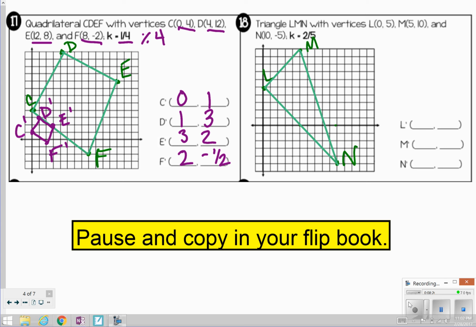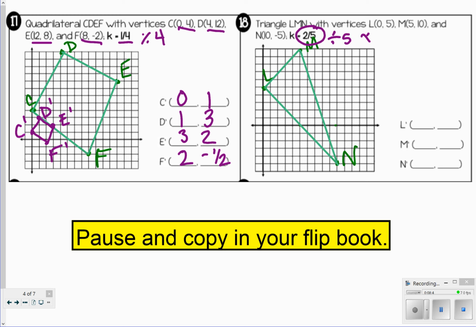Let's move on to the triangle. Triangle LMN with those vertices, and the scale factor is 2/5. So we're going to divide, in this case we'll divide by 5, and then we're going to multiply that answer times 2 to get our new point.